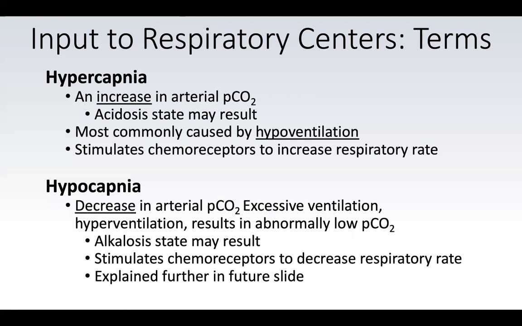If you're breathing out more carbon dioxide and have less carbon dioxide in the blood, there's going to be less carbon dioxide for carbonic anhydrase to catalyze into carbonic acid. Therefore, you have a decrease in acid, which essentially is a more basic solution, and a basic solution is going to have a higher pH.